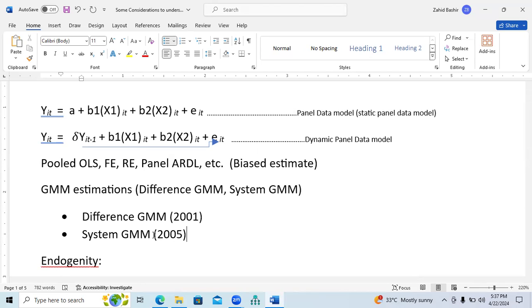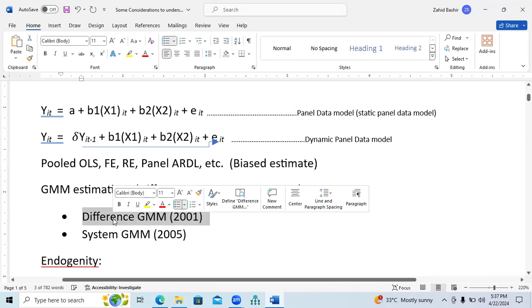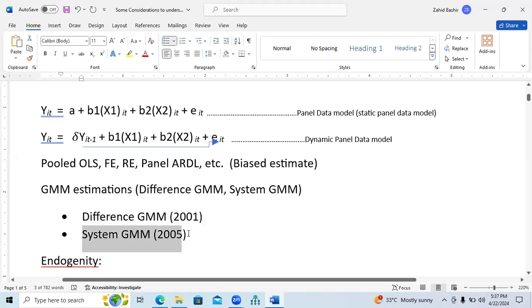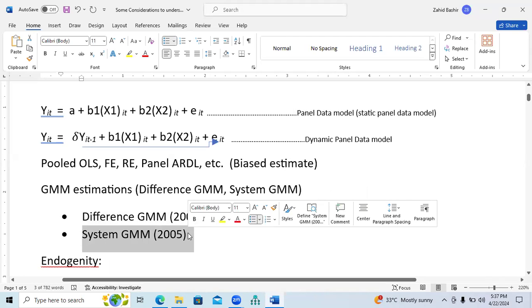There are certain limitations of the first method with respect to dynamic panel data modeling, while these limitations are controlled in case of system GMM. So system GMM is considered the most preferred and most efficient model in case of GMM estimation.